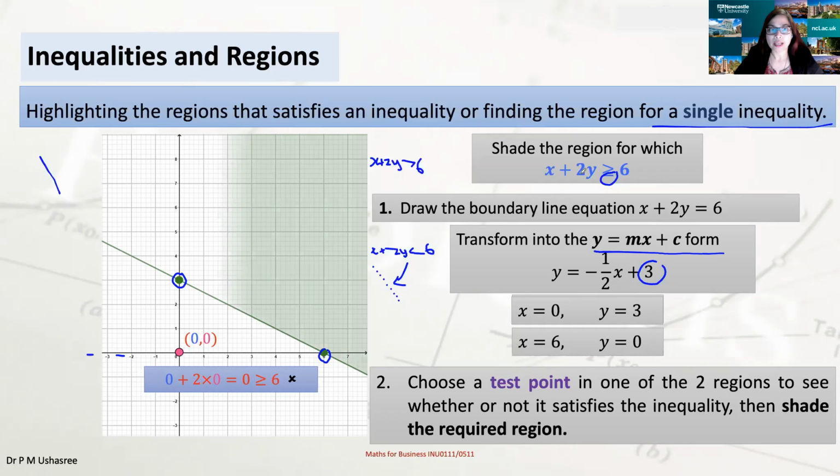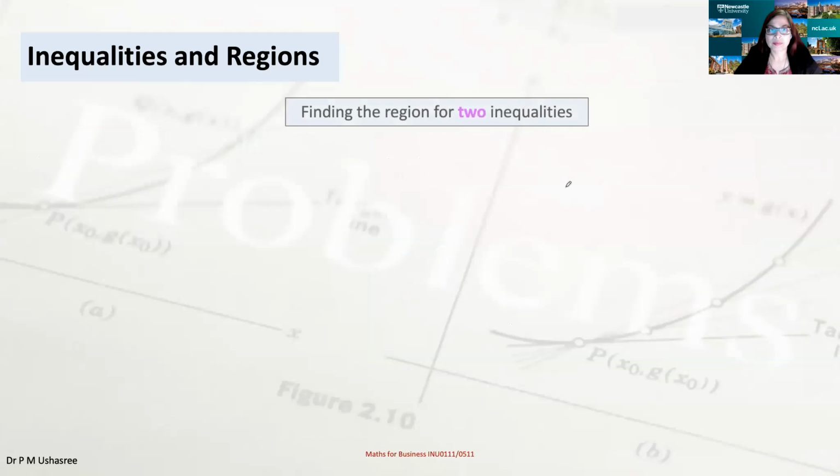So you have to shade the other region. That is the region which satisfies the inequality, x plus 2y greater than or equal to 6.